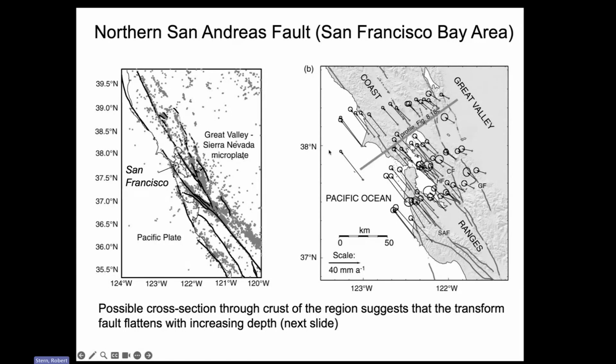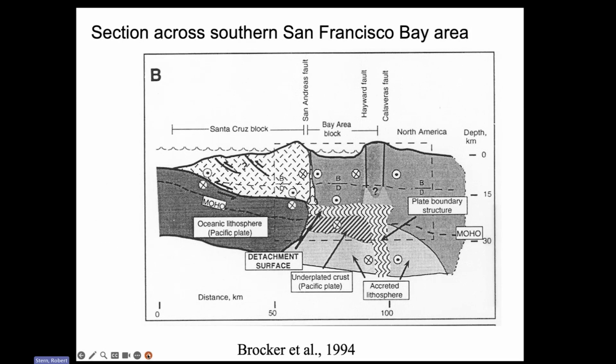And there's our GPS motion. So why is San Francisco Bay there? That's clearly some kind of a transtensional regime. And is it possible that what's underneath here is a listric fault? And that's the way people are starting to see this.